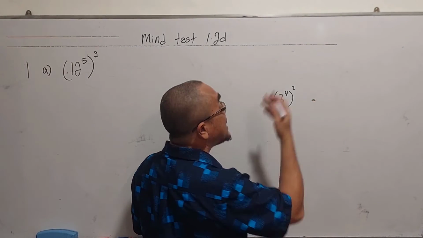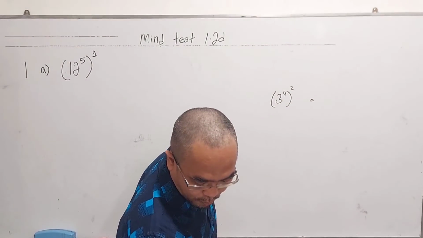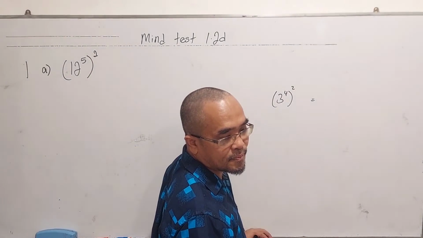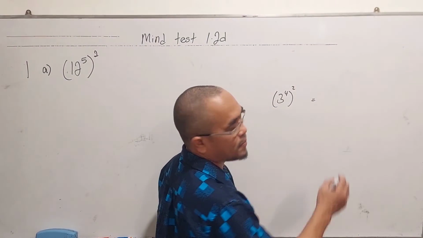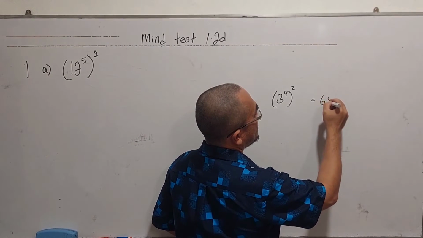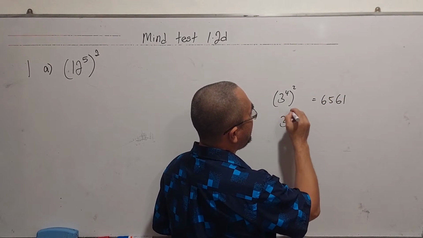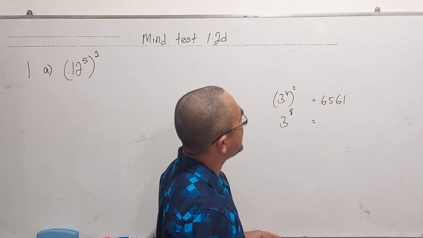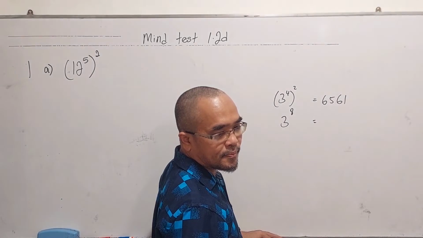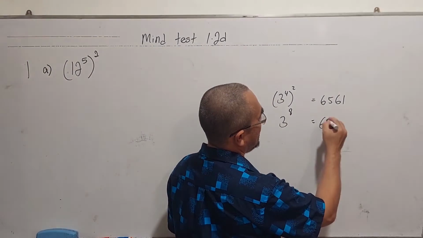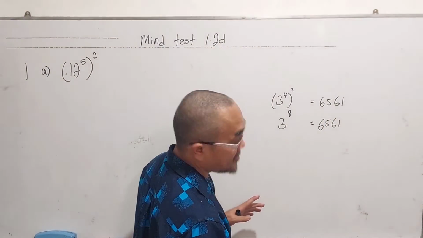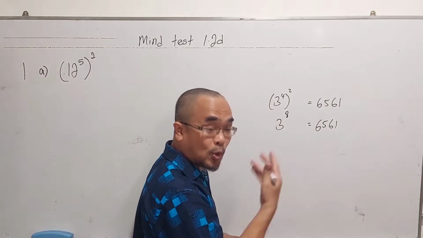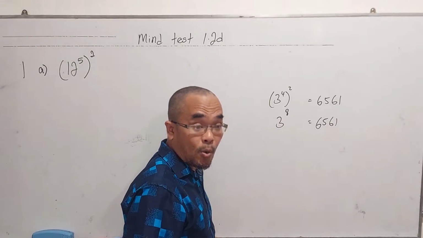Just press calculator: 3 to the power of 4, bracket, to the power of 2. 6,561. What happens if you press 3 to the power of 8? Same. So it means 3 to the power of 4 to the power of 2 is equal to 3 to the power of 8.